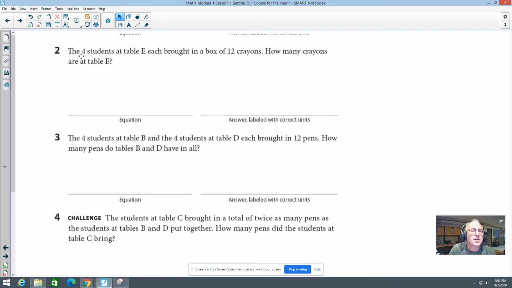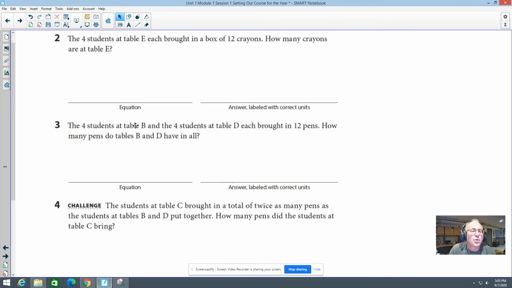Number 2 says the 4 students at table E each brought in a box of 12 crayons. How many do you have? 4 kids, 12 each. Show me the 4 kids at table B, and now the 4 kids at table D each brought in 12 pens.